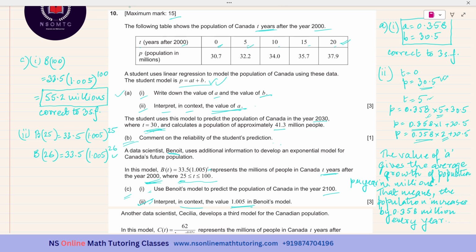Obviously this one will be more than this, because the base is the same, the power is more, 26 is more than 25, the coefficient is the same, so B of 26 should be more than B of 25. So since B of 26 is greater than B of 25, the population is growing.